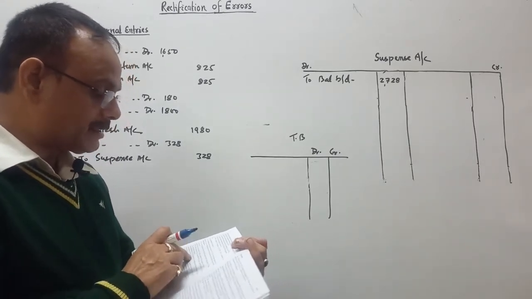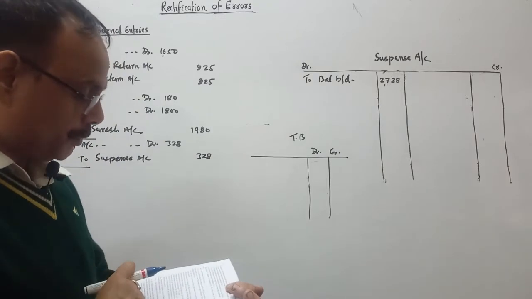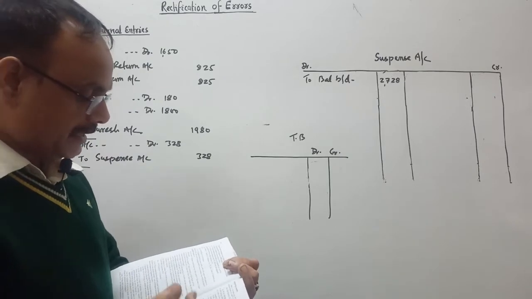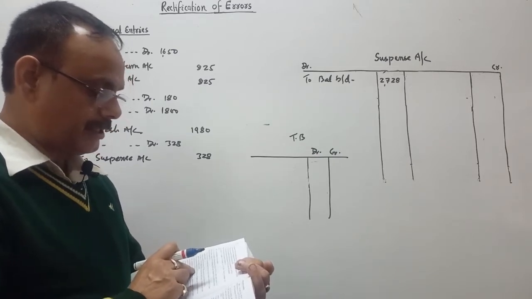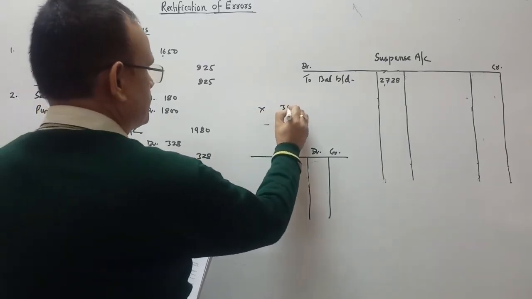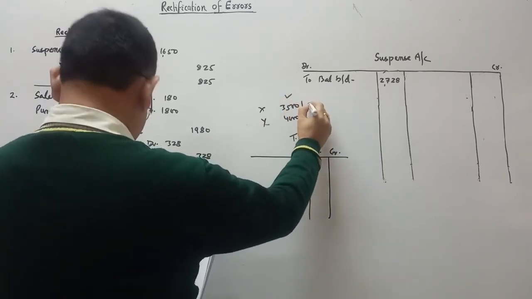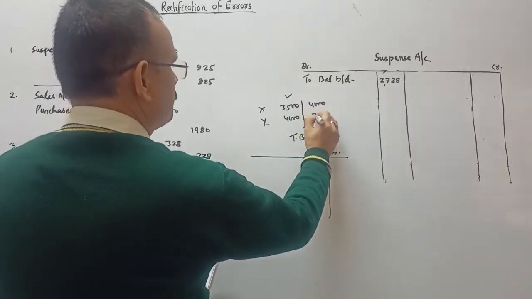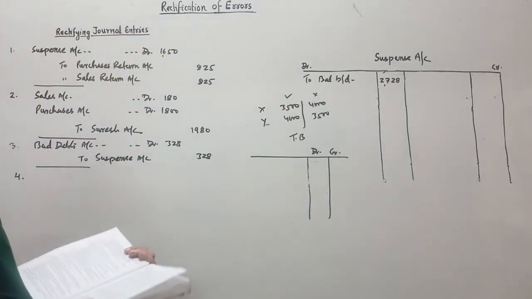From X you have purchased 3500 and from Y you have purchased 4000. This is the right one, but you have written X 4000 and Y 3500. This is the wrong one. You know the entry: purchase account debit to X account.